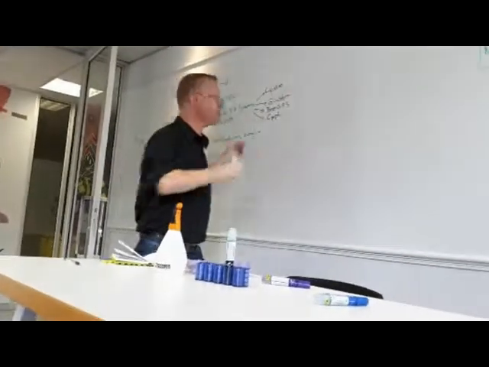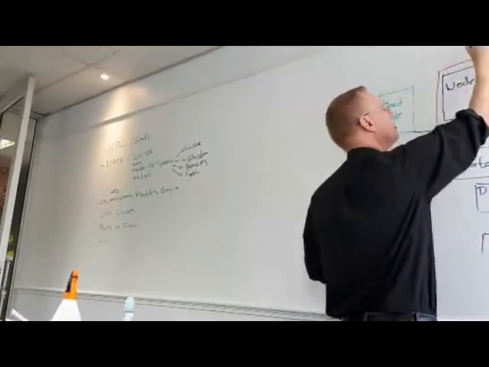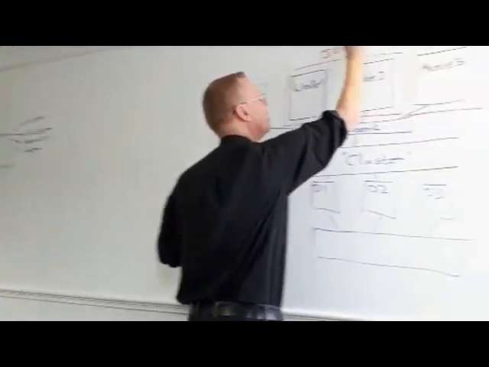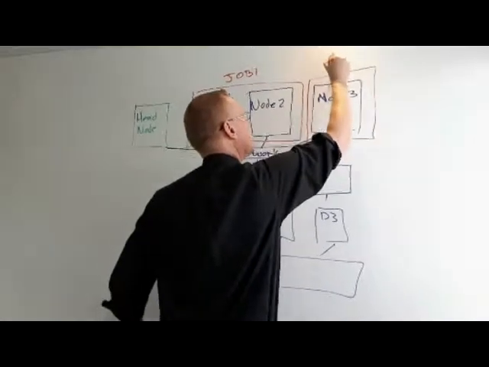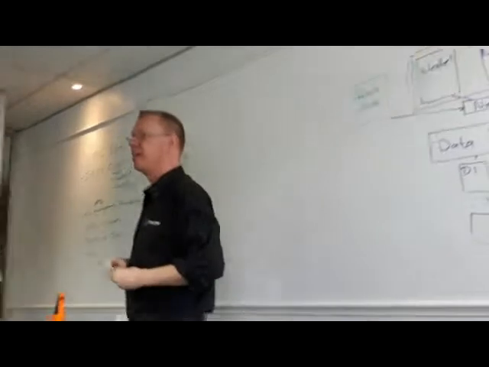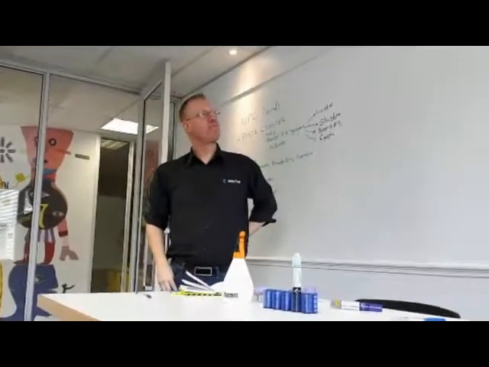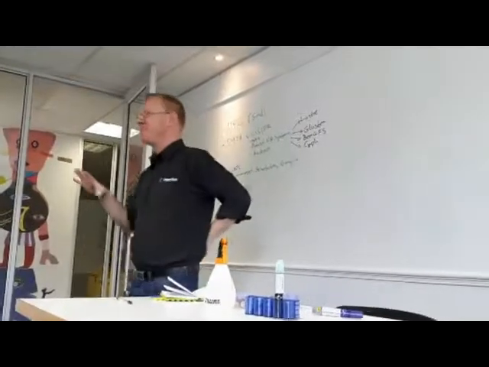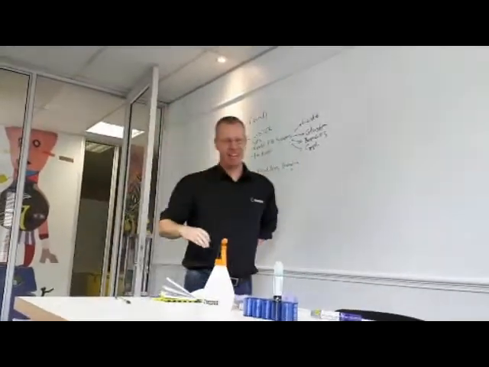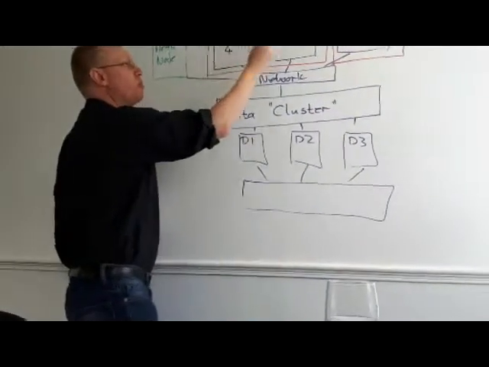So the scheduler really just looks and sees what resources are available, and you can run job 1 and job 2. There are certain intricacies around that, because these nodes have usually got multiple cores.